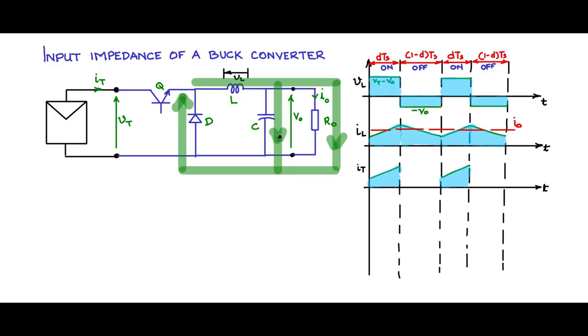So the AC part, the ripple part, flows through the capacitance, and the DC part flows through R naught. Therefore we know that this value right through the middle would be I naught in the waveform of IT, that is the terminal current.